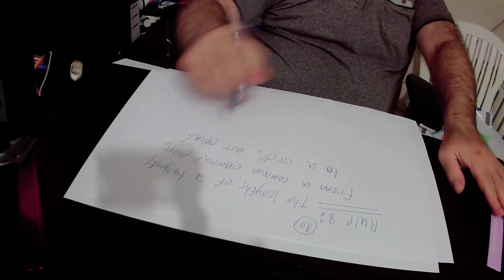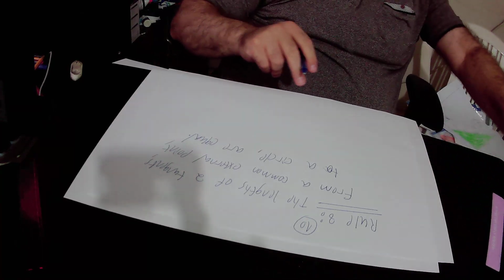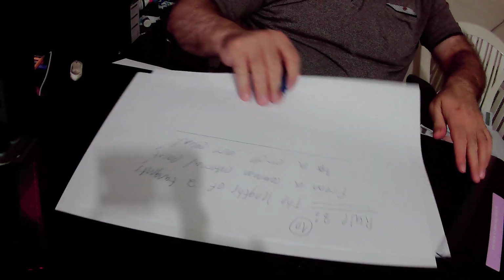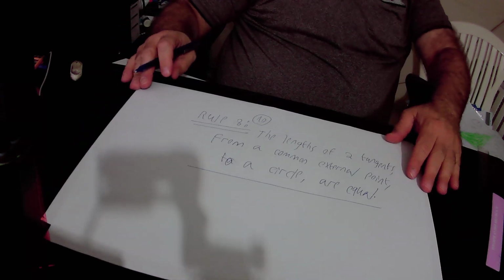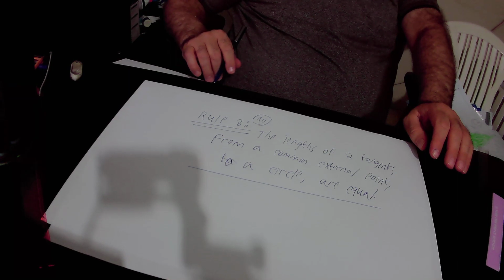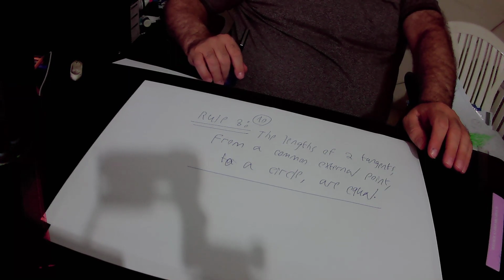I will read rule number 8 again. According to rule number 8, the lengths of two tangents from a common external point to a circle are equal.